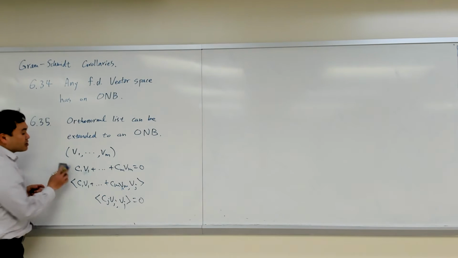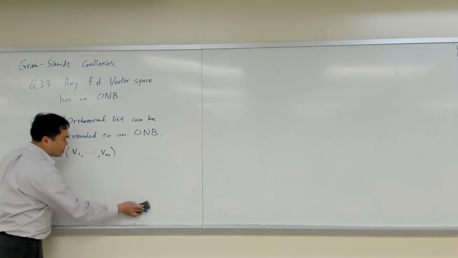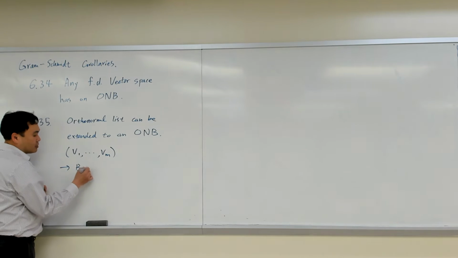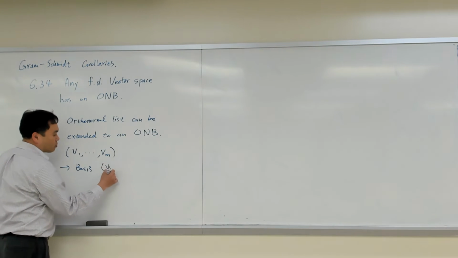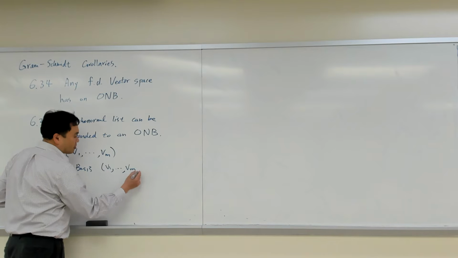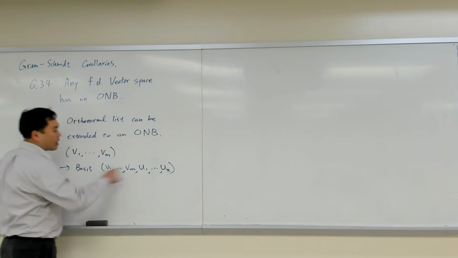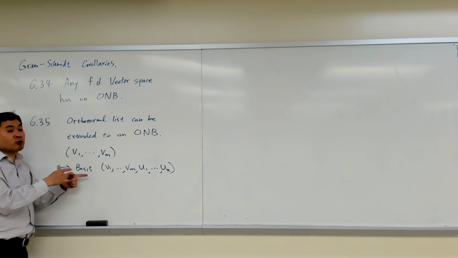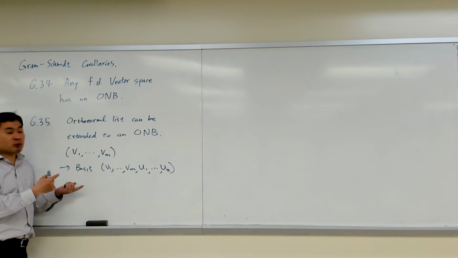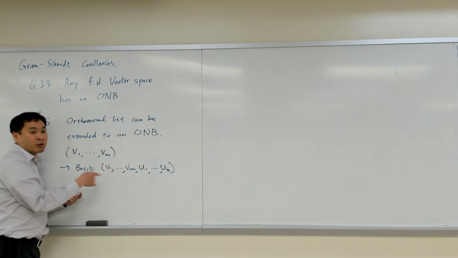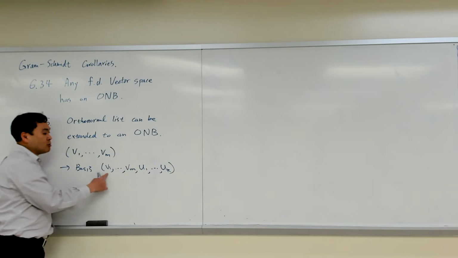And if it's linearly independent, then you can extend this to a basis, V1 through Vm, and then U1 through Uk. Now it's a basis. And once you have that, you can apply Gram-Schmidt. If it's already orthonormal, then Gram-Schmidt doesn't do anything, so these don't change.